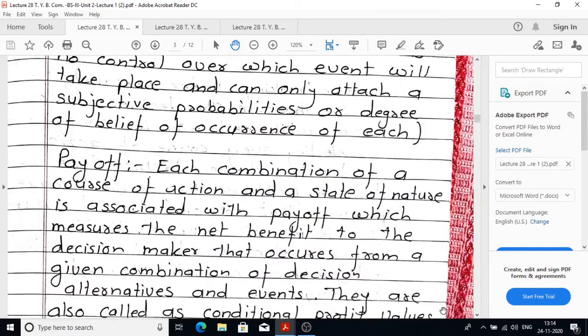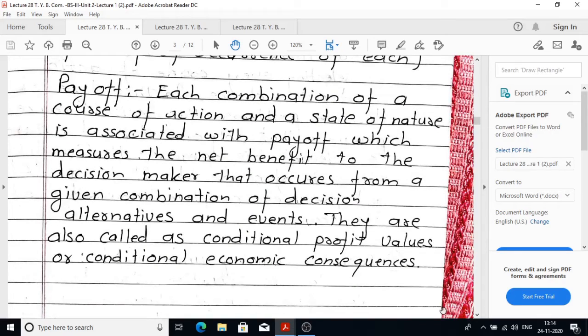Next definition, payoff. Each combination of a course of action and a state of nature is associated with a payoff, which measures the net benefit to the decision maker that occurs from a given combination of decision alternatives and events. They are also called conditional profit values or conditional economic consequences.